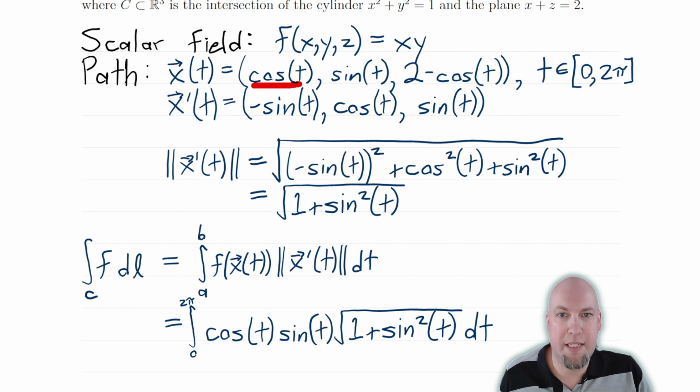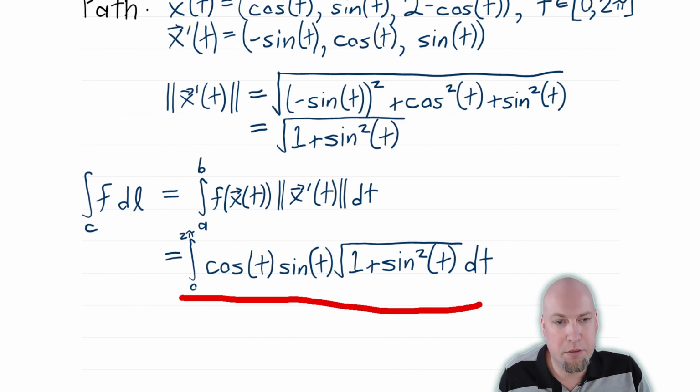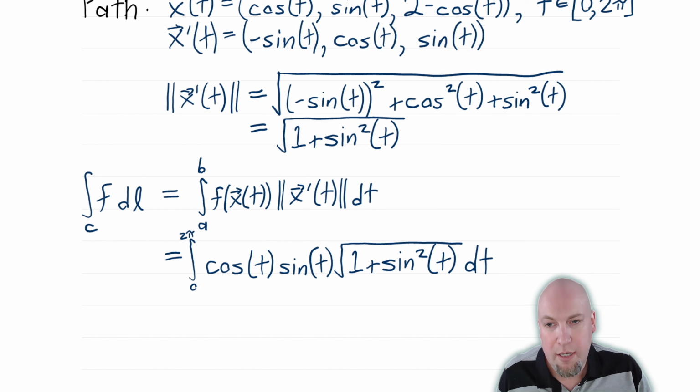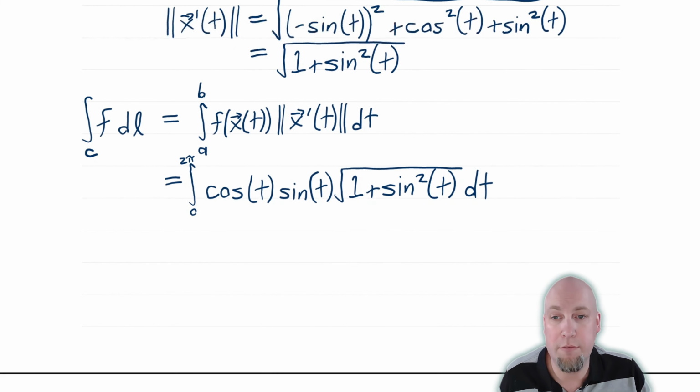In other words, I take cos and multiply by sine. That's what f of vector x of t is. So this cos times sine is f of x of t. And then I also need the speed of the path, which we just computed: the square root of 1 plus sine squared t. That's the integral that I compute, and I integrate across the time domain, so the bounds on the integral are the bounds on wherever t is allowed to go.